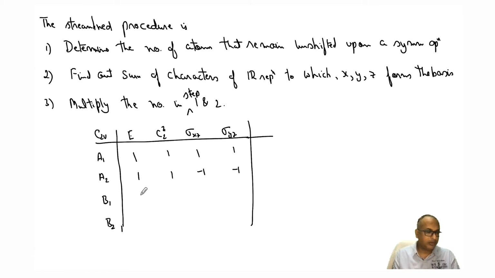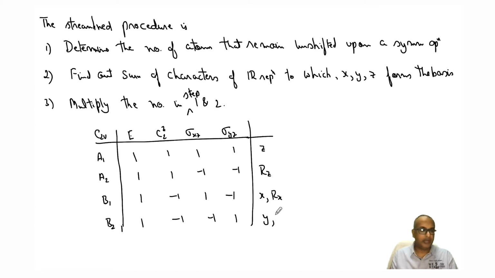For B1, 1, -1, 1, -1, and B2, 1, -1, -1, 1. Now if you see the unit vector transformation as the basis, the unit vectors are Z over here, Rz, X, Ry, and Y, Rx over here, and X.